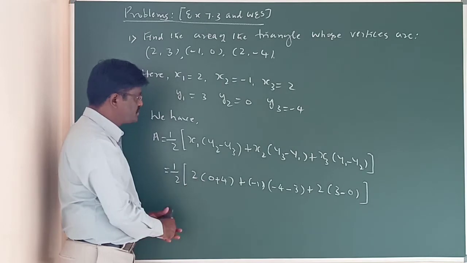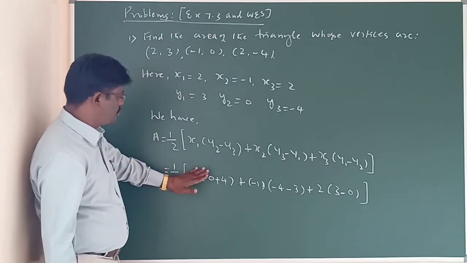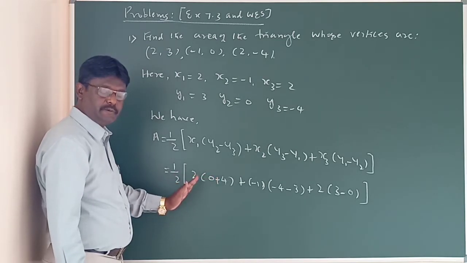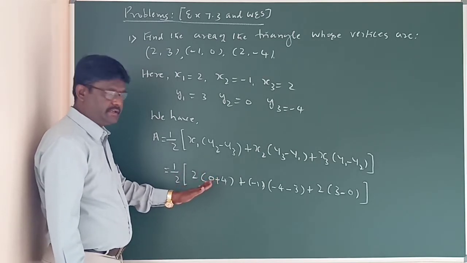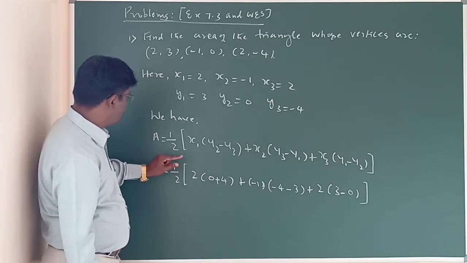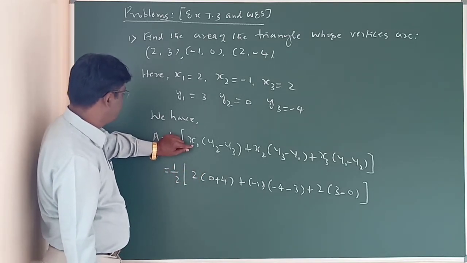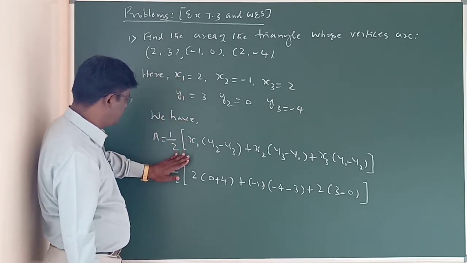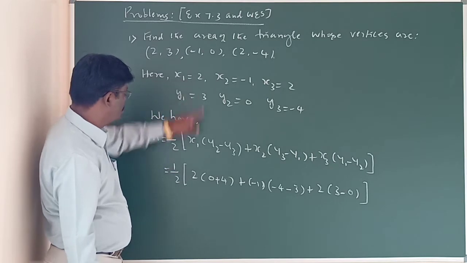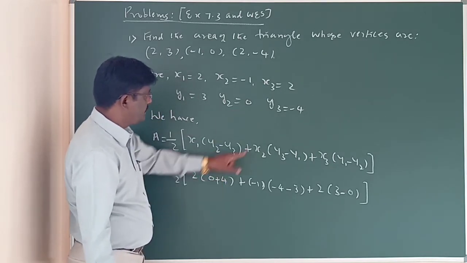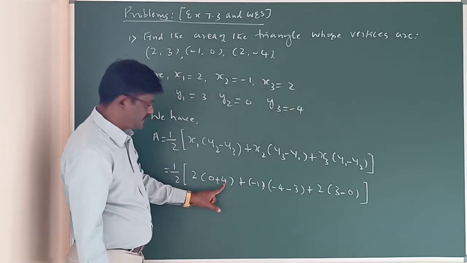Now we shall check once the substitution, that is very important because here we have more number of terms, and especially plus and minus we have to take extra care. That's why let us check whether we have substituted as it is, according to the given values only. x1 2, y2 0, minus y3 minus of minus plus 4.